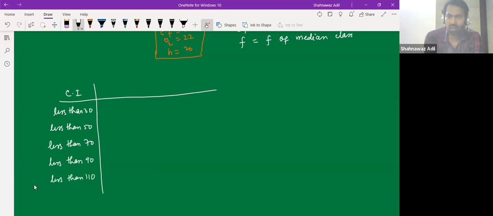So in some data, this would be given, and whatever is on the other side, that would be cumulative frequency, right?